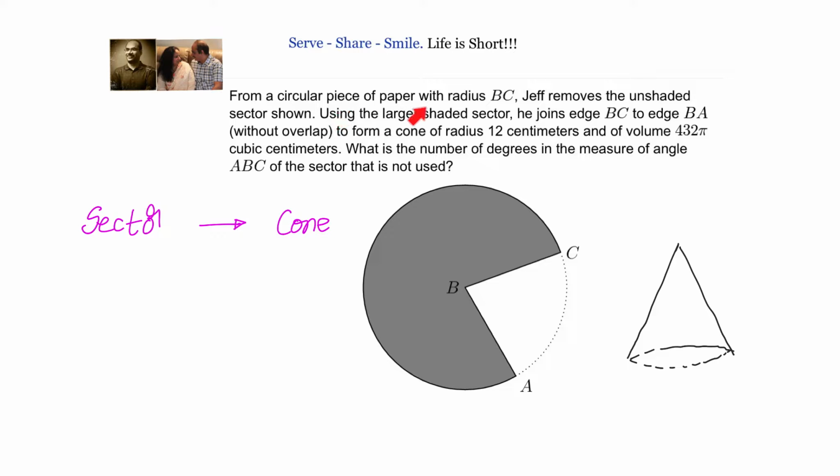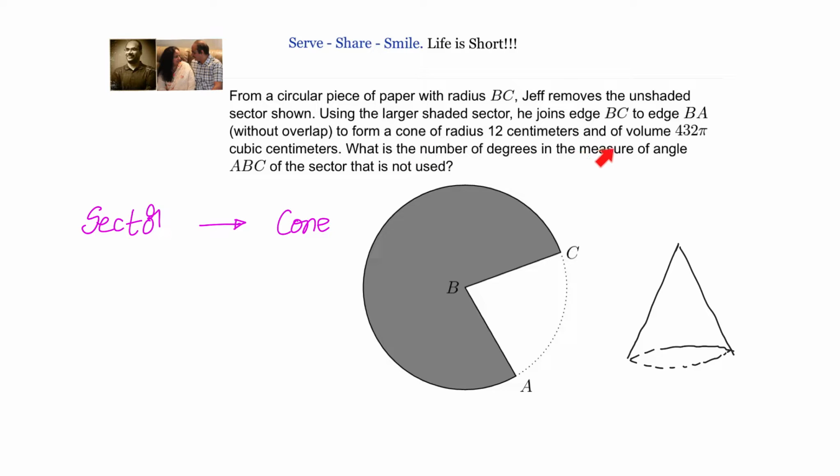From a circular piece of paper with radius BC, Jeff removes the unshaded sector as shown. Using the larger shaded sector, he joins edge BC to edge BA without overlap to form a cone of radius 12 centimeters and volume 432 pi cubic centimeters.